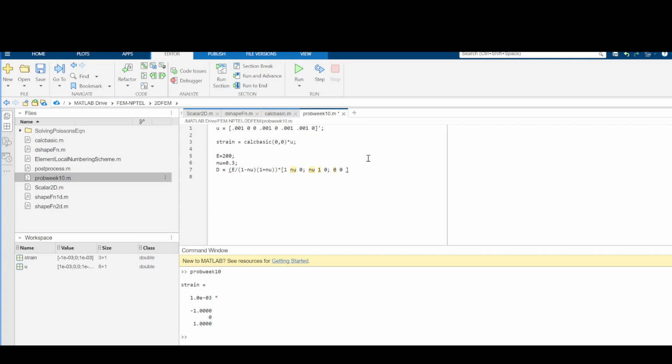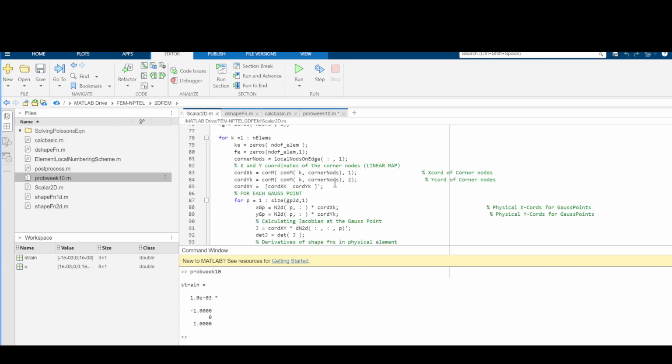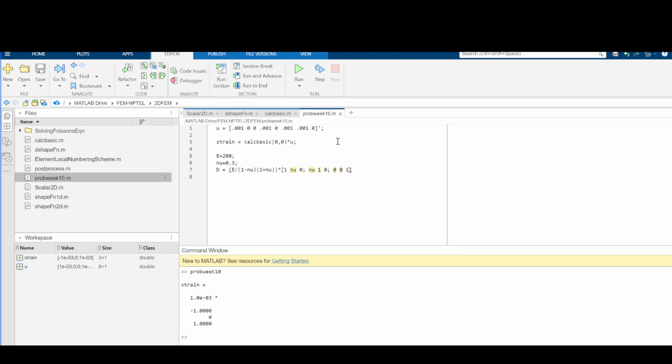This one was 1, I guess. No, I think it was 1 upon 1 plus nu or something. I'm not sure it was 1. Let me just check, open the notes. Yeah, for plane stress, it's actually 1 minus nu square.